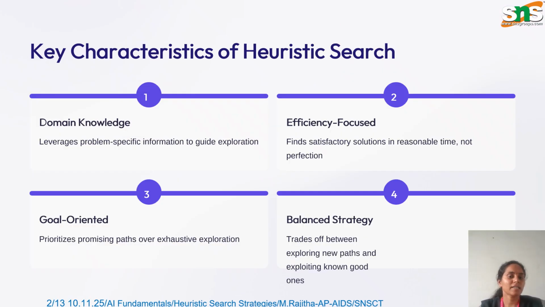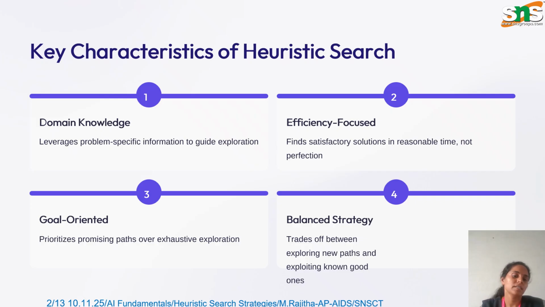So, key characteristics of heuristic search. Heuristic search has four main characteristics: domain knowledge, efficiency focused, goal oriented, and balanced strategy. Domain knowledge: it uses knowledge about the specific problem area to make smart moves. Efficiency focused: it saves time by avoiding unimportant paths.